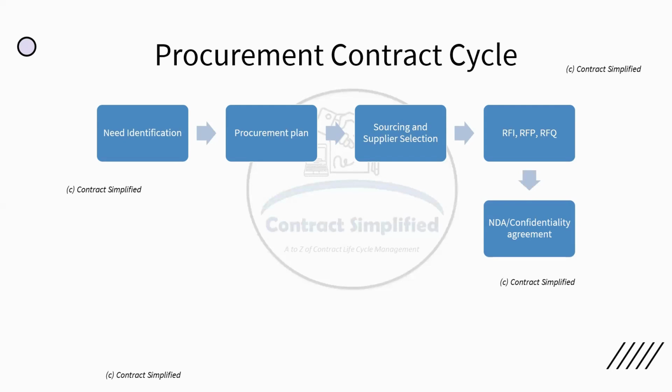This will be followed by an NDA or confidentiality agreement. Why is an NDA entered into? Because you will be discussing the business and the project, and you'll have to share certain confidential information with them. You would like to protect that confidential information from entering the general public domain. That is why you will enter into an NDA or confidentiality agreement.